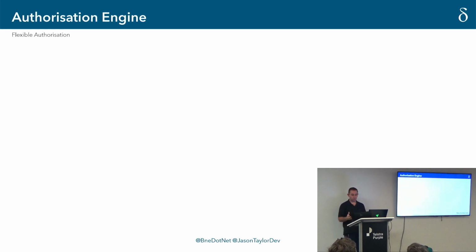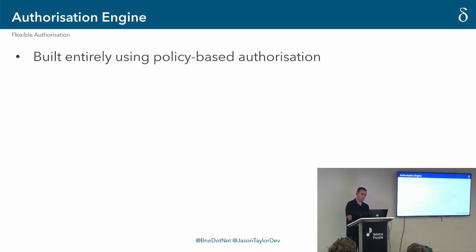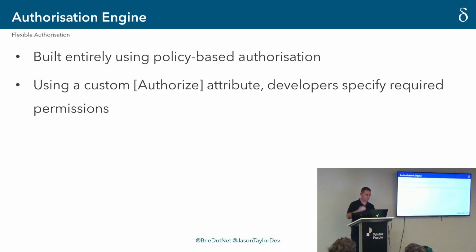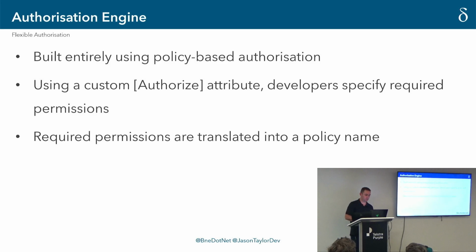So how does the authorization engine work? Well, we know it's built entirely using policy-based authorization, and a custom authorize attribute, a custom flexible authorized view component, all those little bits and pieces that generally extend ASP.NET Core's authorization. When you use one of those features, the required permissions are translated into a policy name.